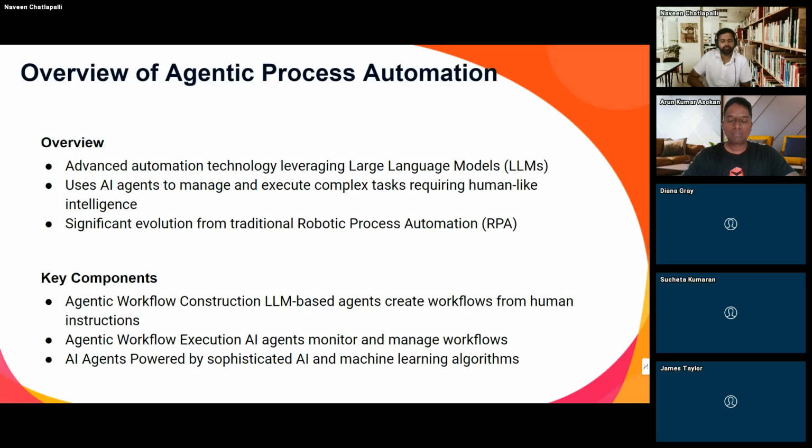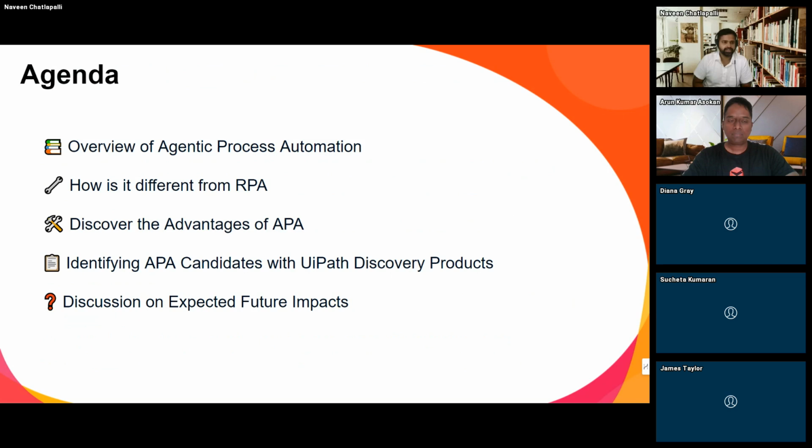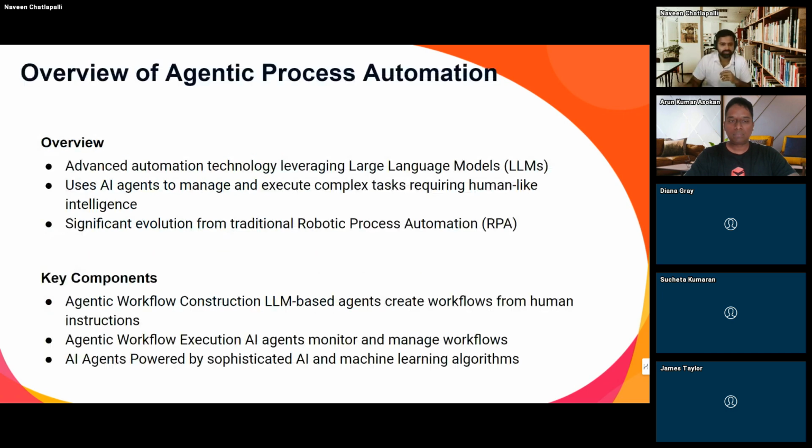We would like to cover a quick agenda. Today we'll discuss the high level overview of agentic process automation and how it is different from robotic process automation. We'll also discuss some advantages of using this agentic way of process automation, the hot topic, and also identify some APA candidates with the current existing UiPath Discovery products, and leave the floor open for any future impacts.